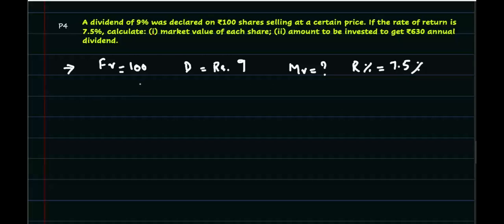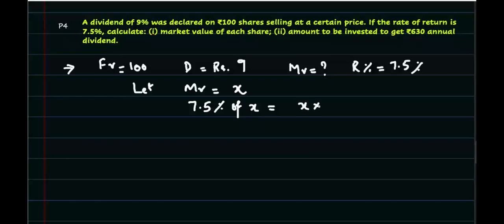First of all, find the market value. How will you find the market value? Let the market value be X. What is 7.5% of this X? 7.5% of X equals X multiplied by, you can write 7.5 as 15 by 2, multiplied by 1 by 100.